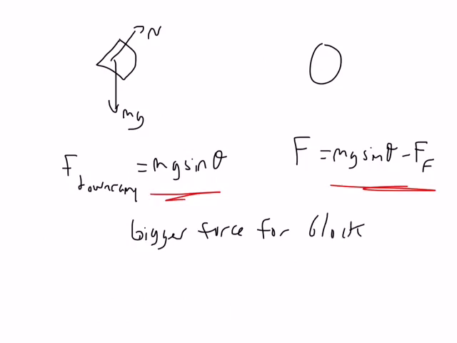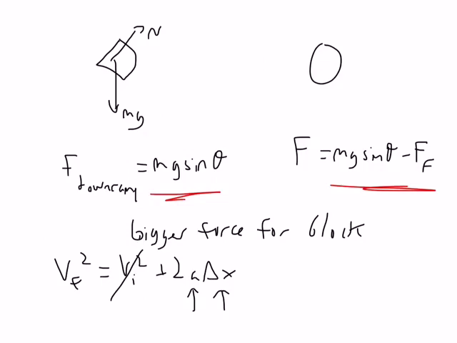If we have a bigger force, we have a bigger acceleration. If we have a bigger acceleration, then we travel faster, right? Because we know this distance is the same, so we would be able to calculate the v final, using this one. If this goes up and this stays the same, and that's 0 in both, then v final must be bigger for the block than the wheel. So the block reaches the bottom moving faster.